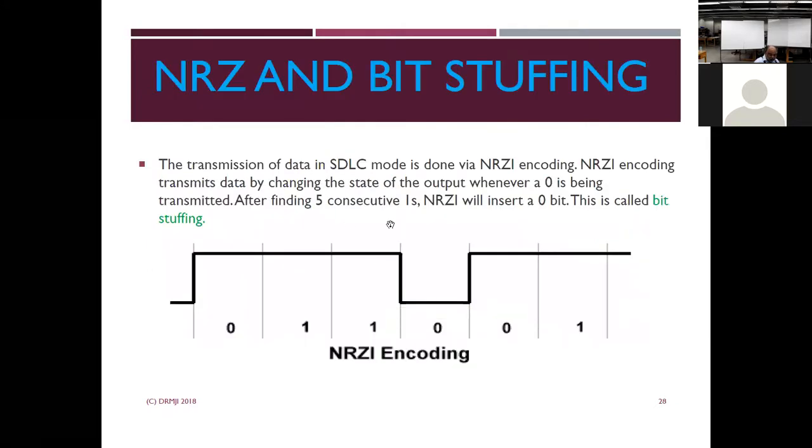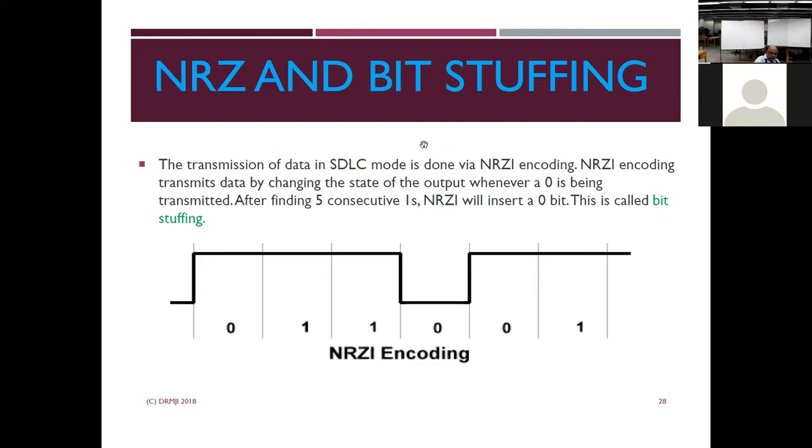This is a non-return to zero encoding. And then we talk about bit stuffing. This is a very common term in communication, bit stuffing. Basically, bit stuffing means that a frame flag must have 6 ones.